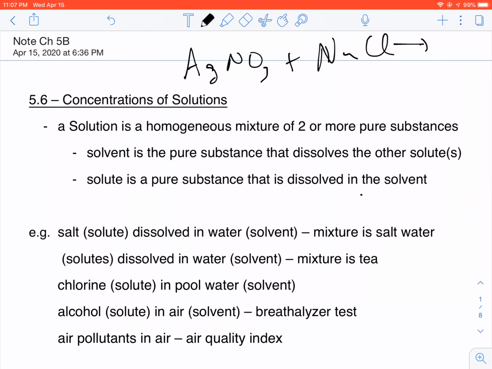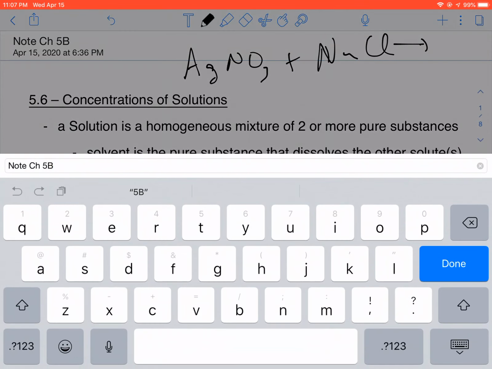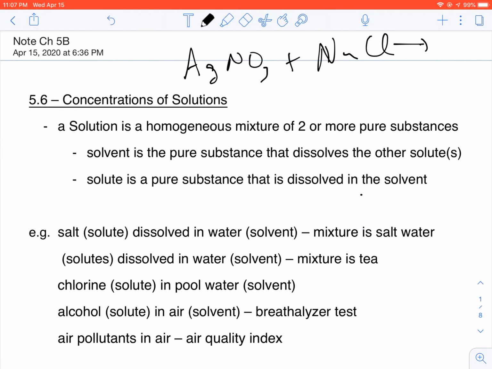So there's the chemical reaction that I'm looking to happen. Now, if I've got a chunk of NaCl and a chunk of AgNO3, the only part that can react is the surface of the solid. But as soon as I dissolve them in water, all of the chemical is floating around freely in the solution.